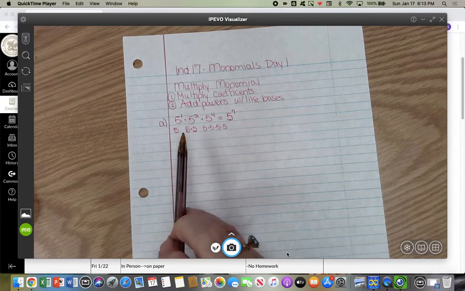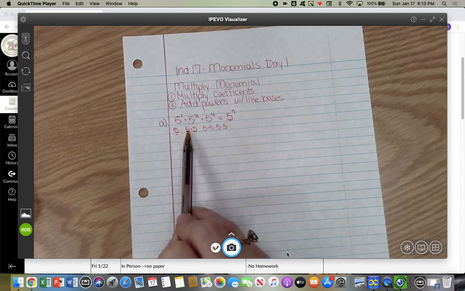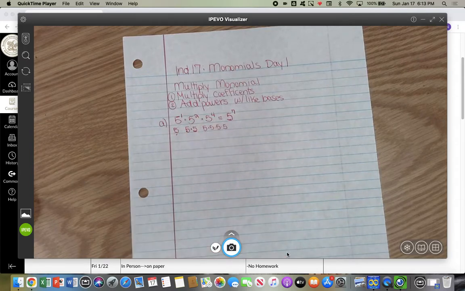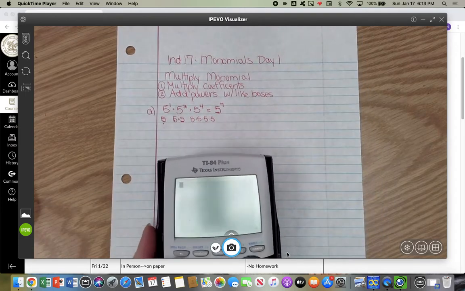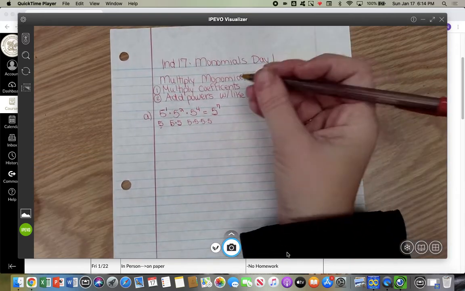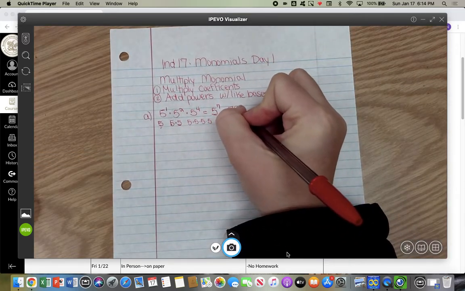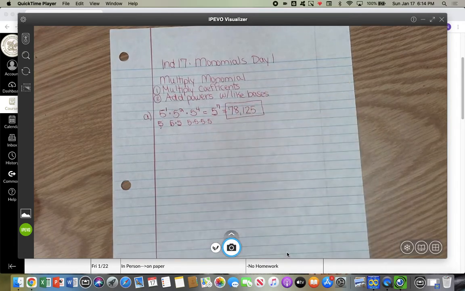So what you are actually doing is you are multiplying 5 times itself 1, 2, 3, 4, 5, 6, 7 times. And then you can use your calculator. I'm actually going to cheat and use my graphing calculator. It has that nice little exponent button. 5 to the 7th is 78,125. And there we have it.